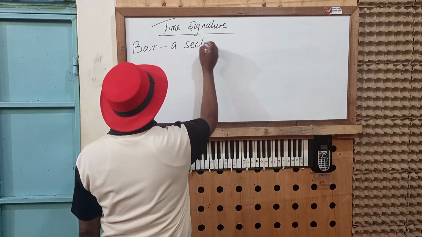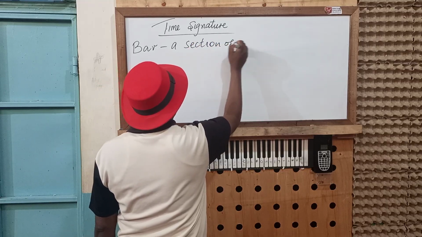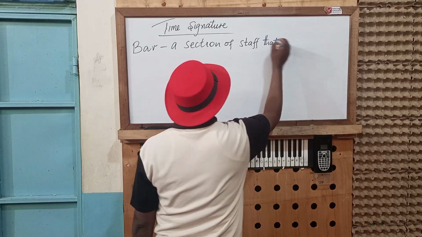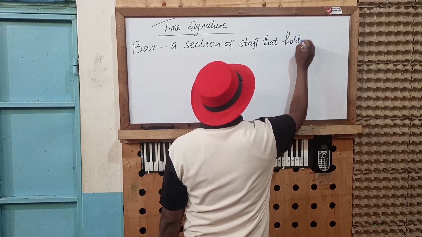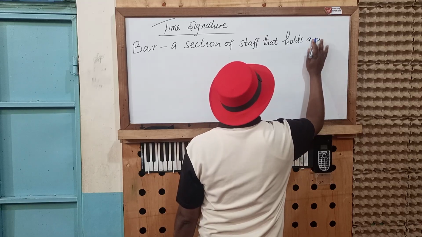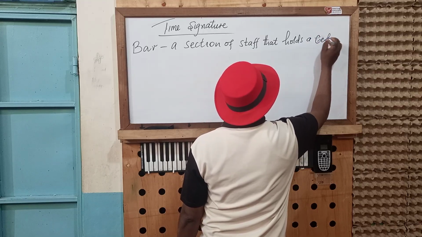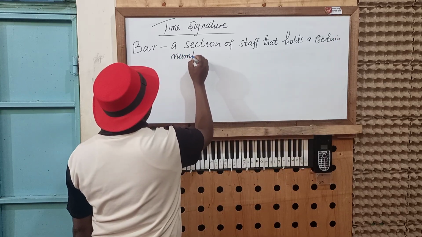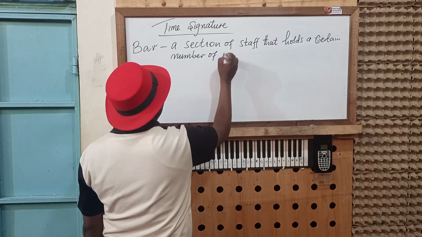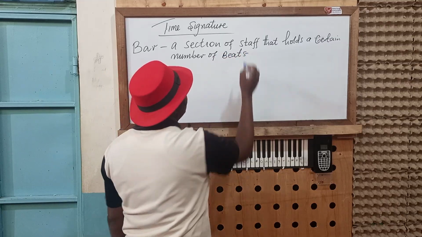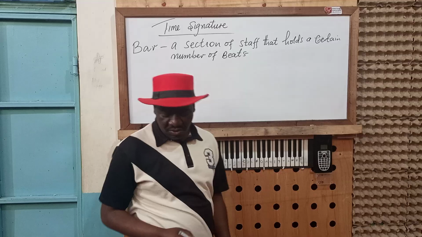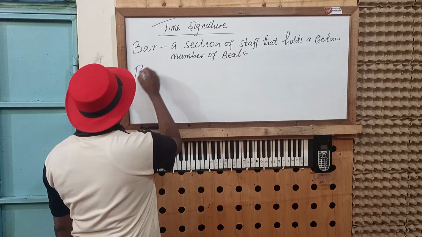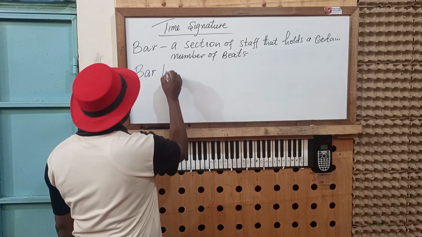A section of stuff that holds a certain number of beats. That is the definition of a bar.